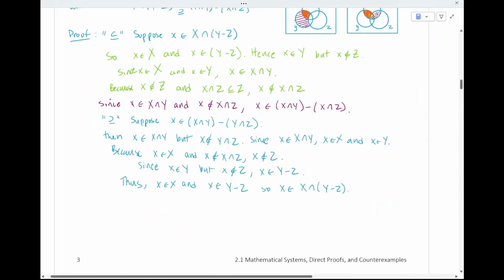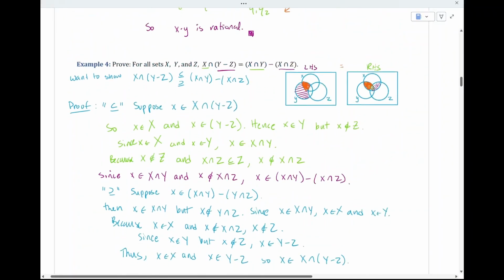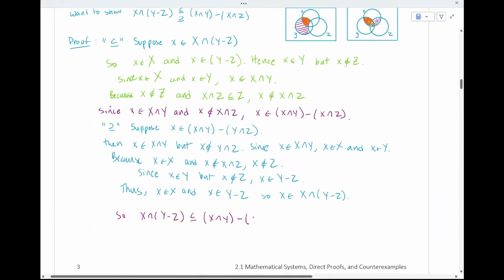So I think I've proved both directions. So X intersect (Y minus Z) is a subset of the right-hand side, (X intersect Y) minus (X intersect Z), and (X intersect Y) minus (X intersect Z) is a subset of X intersect (Y minus Z).